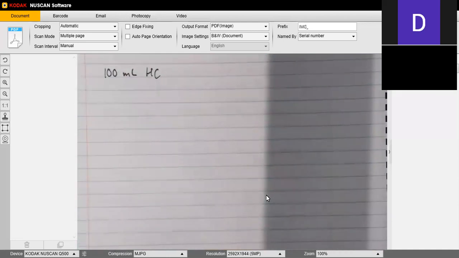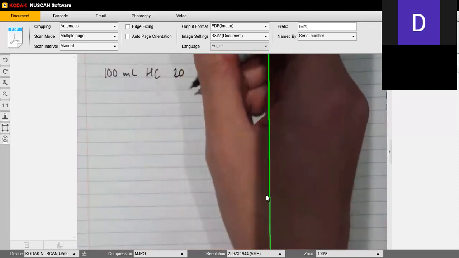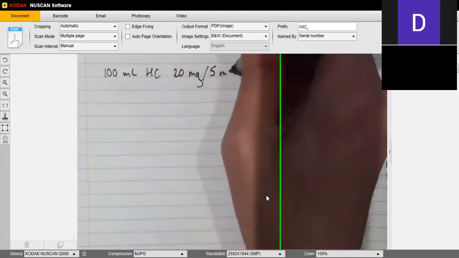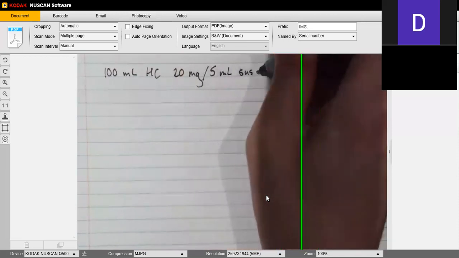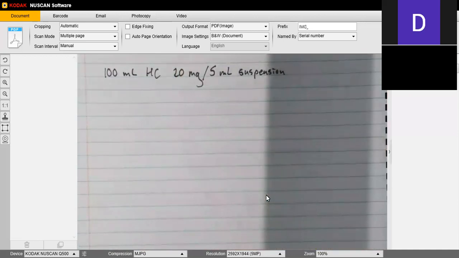You need to prepare 100 milliliters of hydrocortisone, and it's a 20 milligram over 5 milliliter suspension, which is similar to a solution, just usually needs to be shaken up a little bit more, and you can usually still see the particles in there. A solution is usually transparent or clear, you don't see particles in it. A suspension is usually a little cloudy. That's the main difference. Now, how many hydrocortisone 20 milligram tablets will you need?